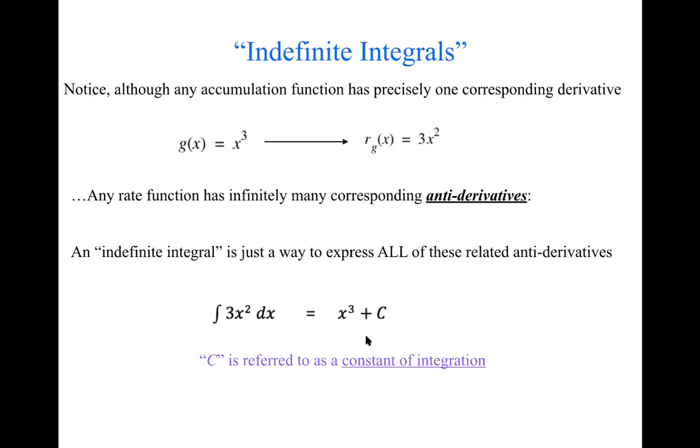This c is called a constant of integration. It's not something highly meaningful. It just tells us that there's a family of functions that graphically differ by shifting vertically, or algebraically, they just differ by a constant. They would all have the same rate function.